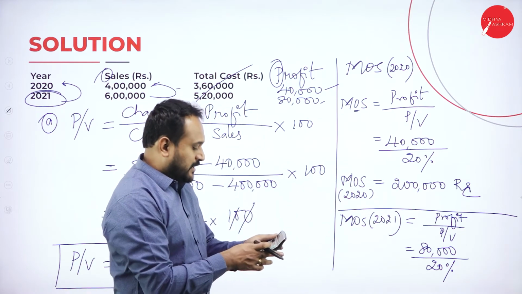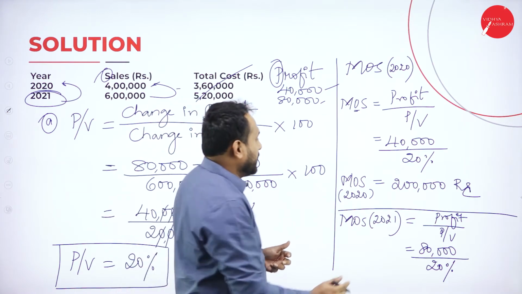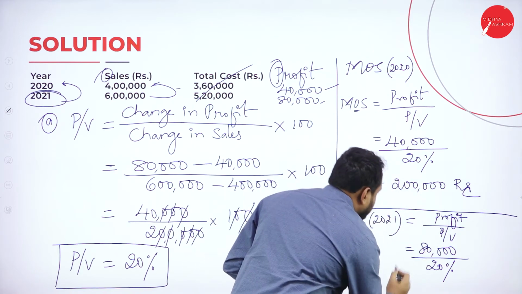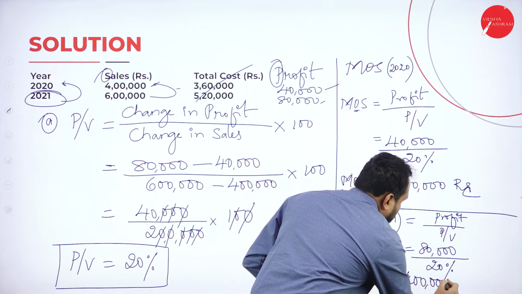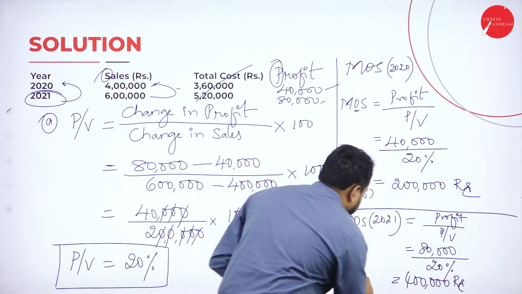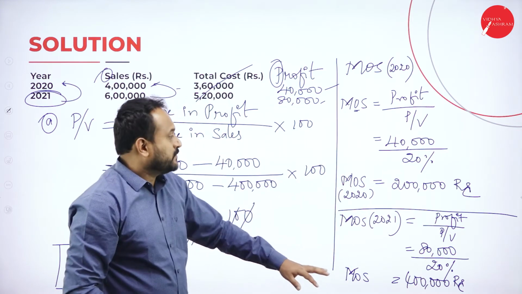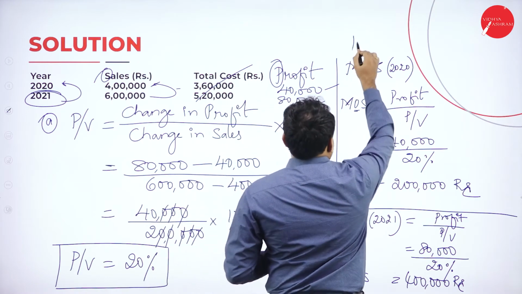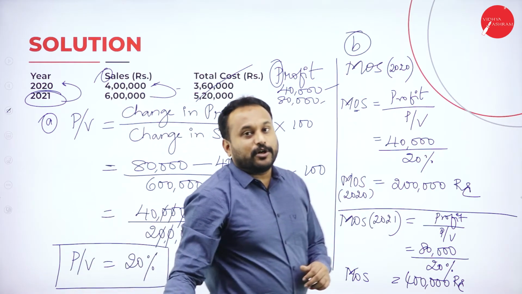So it is 80,000 divided by 20%. So it is how much? 4 lakh. See, here it is 2 lakh, so it is double. So it is 4 lakh rupees. So this is my MOS for 2021. So I'm done with my PV, and this is the question B. You are supposed to denote this. So let's go with the next one.